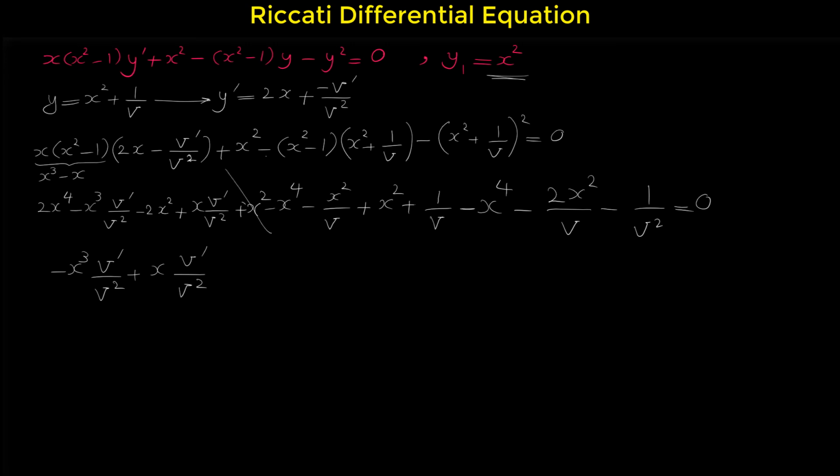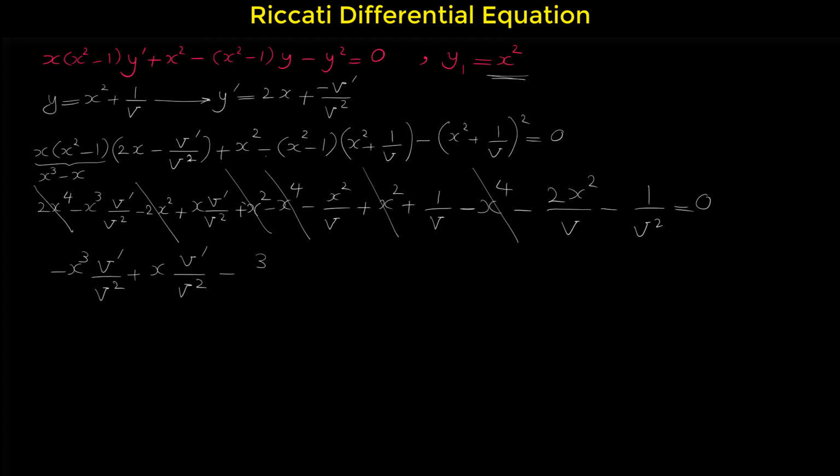x squared and x squared is 2x squared, cancels with this negative 2x squared. 2x^4 minus x^4 minus this x^4 cancels. And finally, we have this negative x squared over v and this negative 2x squared over v, and the sum of this term with this term is negative 3x squared over v.